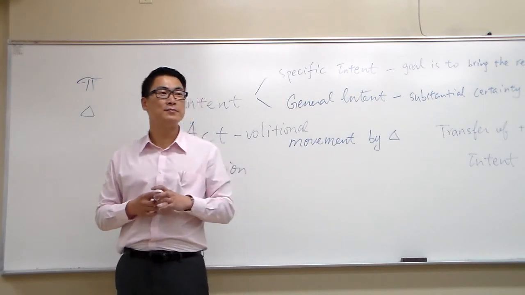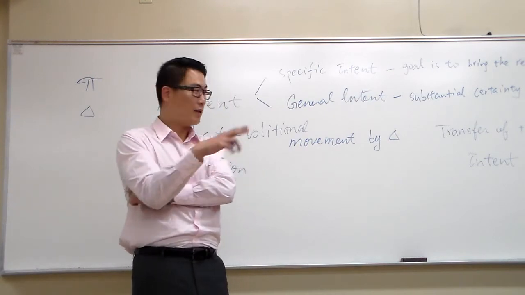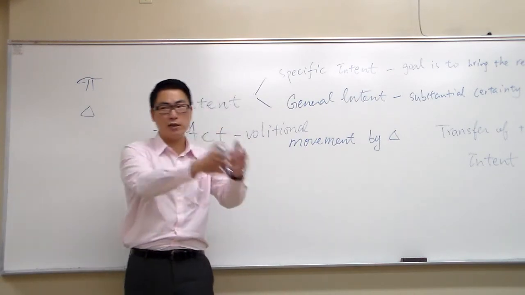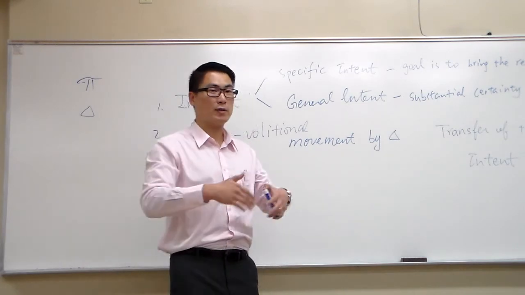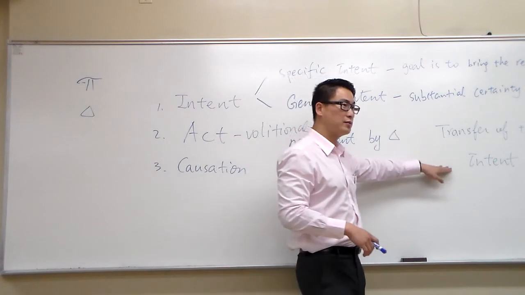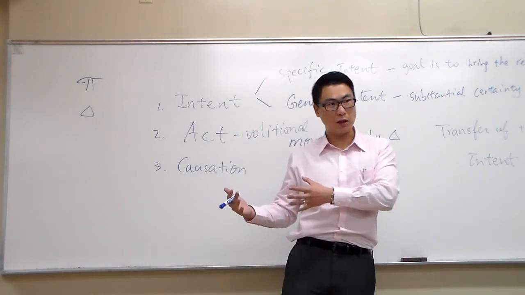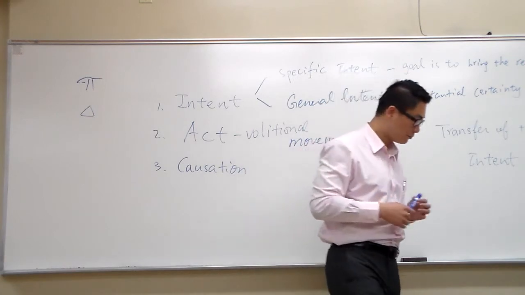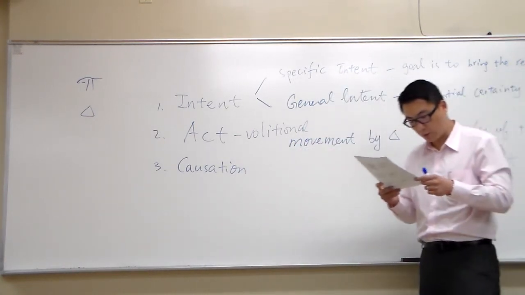Because the intent is transferred to the other person. Right, in this case, the intent to hit Mr. Lee got transferred to Melinda, okay? So that's why you can transfer the intent. You can transfer from one person to another, or you can transfer from one type of tort to another type of tort, okay? Any questions?